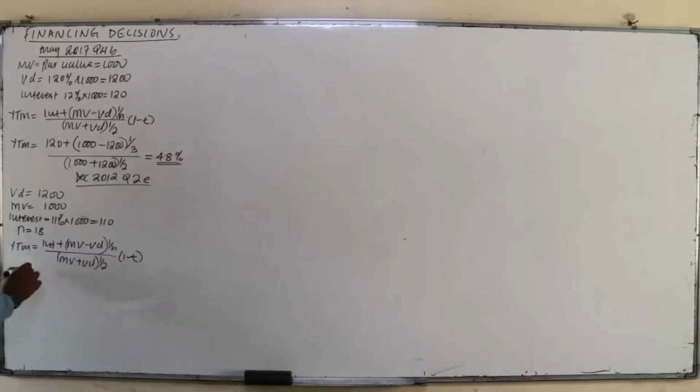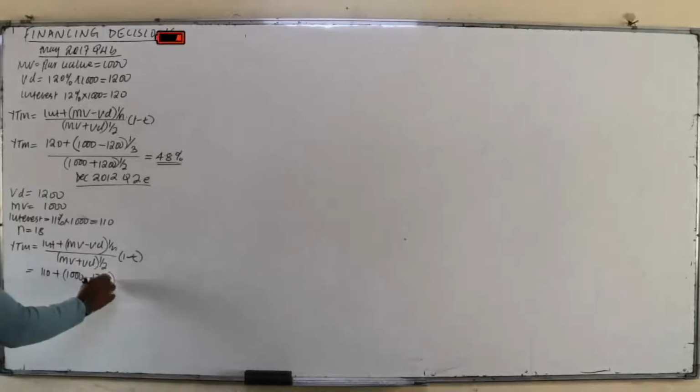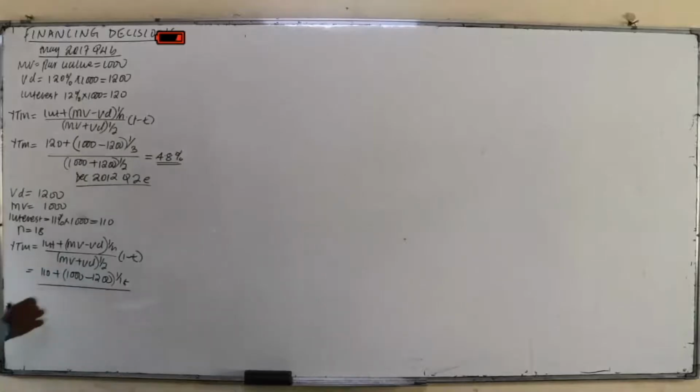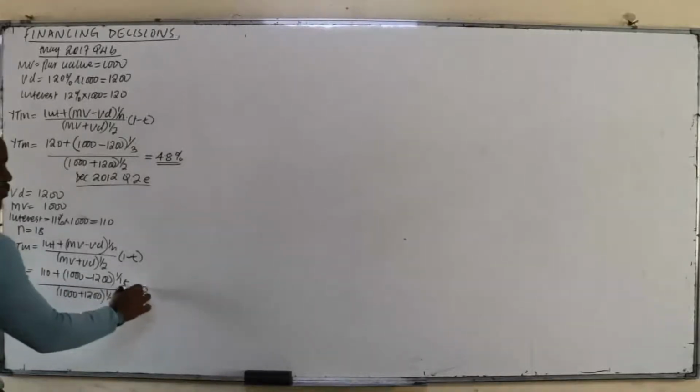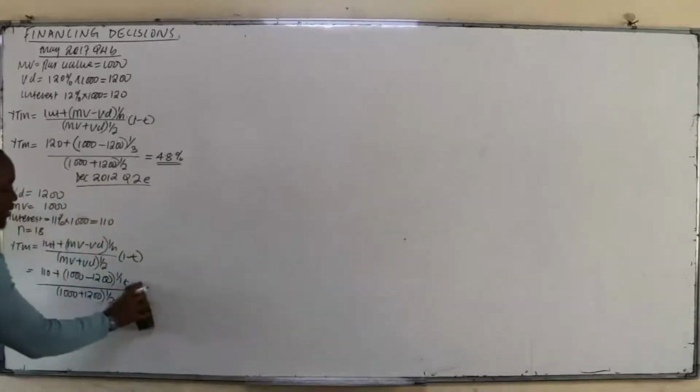So you take the interest, which is 110, plus the maturity value, which is 1,000, minus the value of the debt, which is 1,200, times 1 over n, n is 18 years, all of it you divide by 1,000 plus 1,200, then you get the average. Assuming there was a tax rate, you could have multiplied by 0.7 and then times 100%. But in this case, you're not given the tax rate, so ignore that.